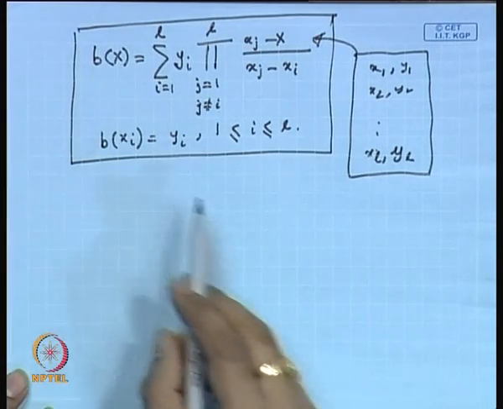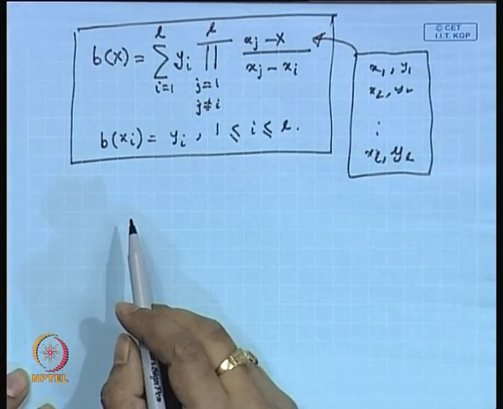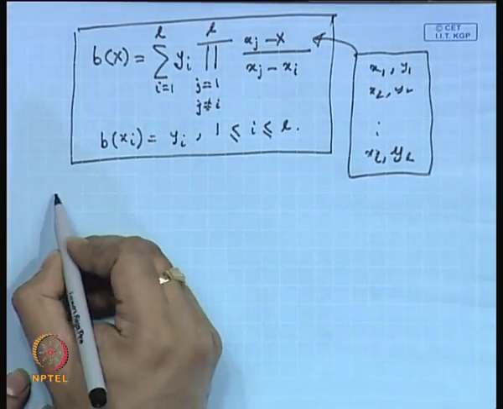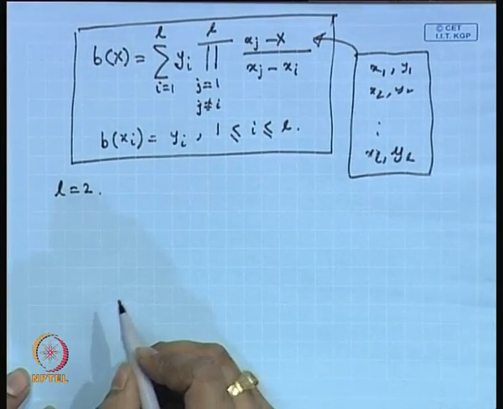Now, in order to appreciate this interpolation polynomial, you can consider the case where L is equal to 2. Okay. So, consider the case where L is equal to 2.